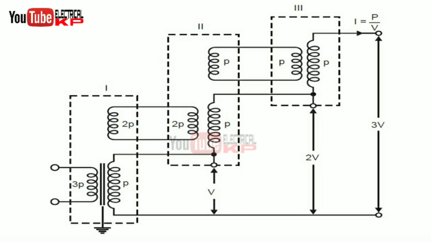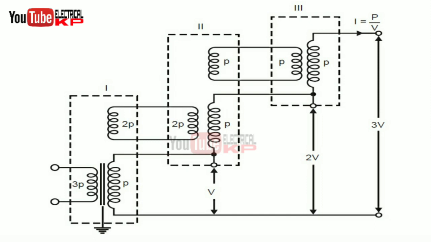The secondary winding of the second stage transformer is connected in series with the secondary winding of the first stage transformer, so that there is V across the secondary of the first transformer and V across the secondary of the second transformer, and their sum is 2V. The 2V should be available between the ground and the terminal of the secondary of the second stage transformer.